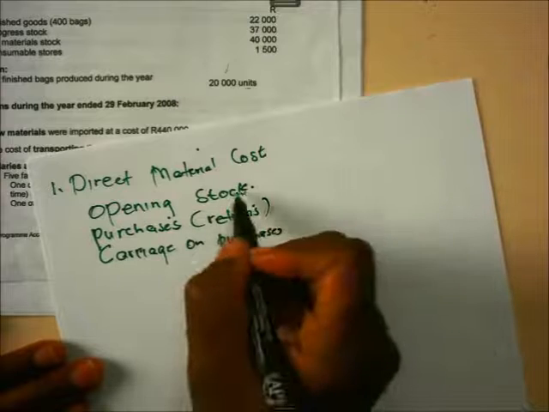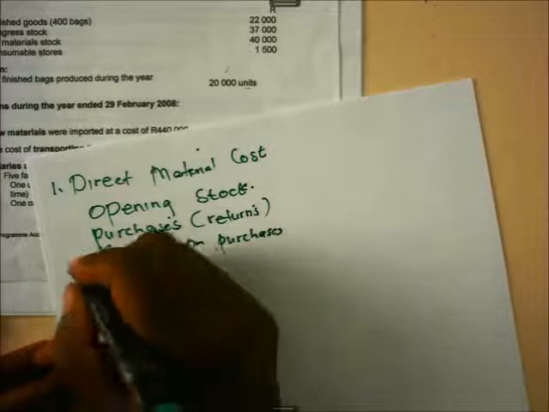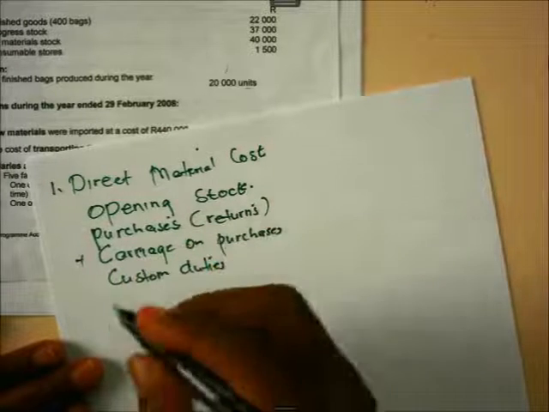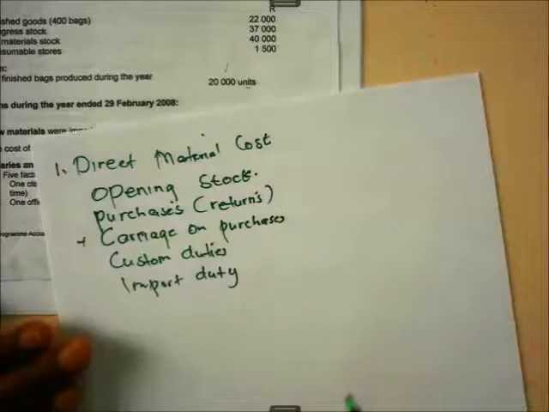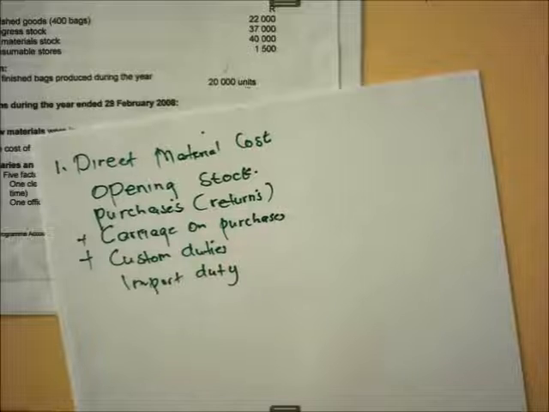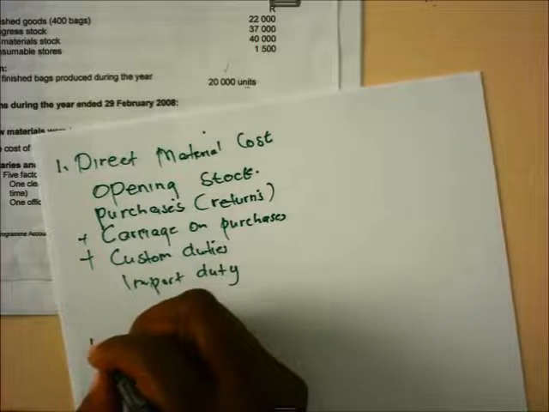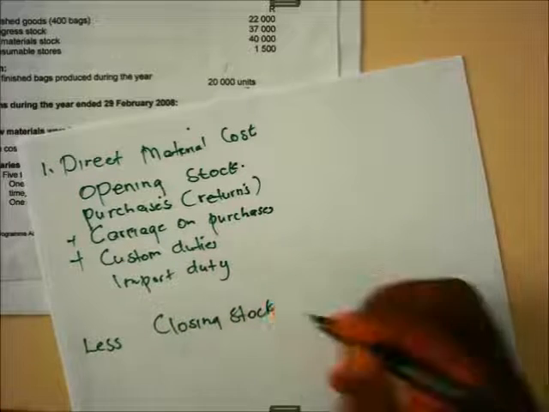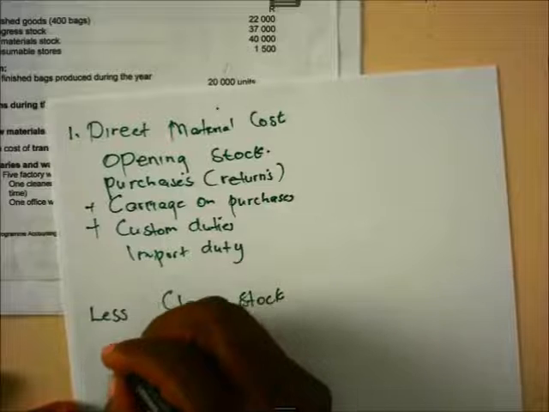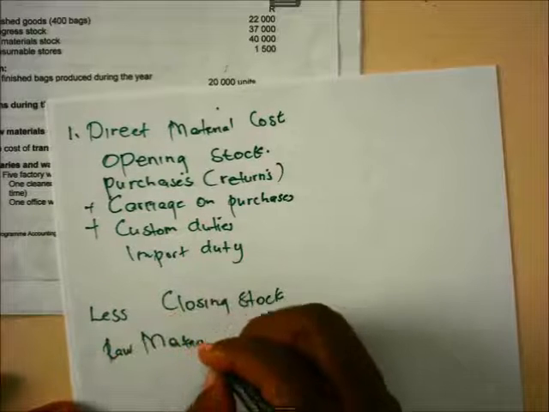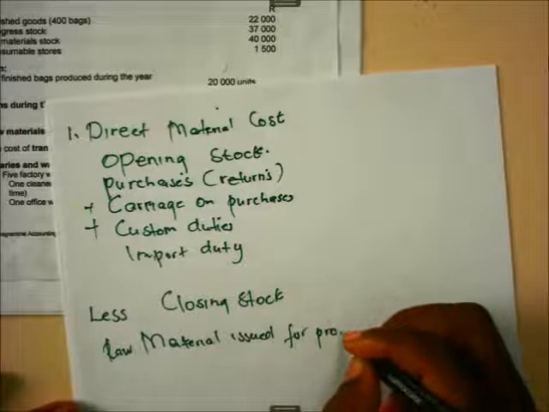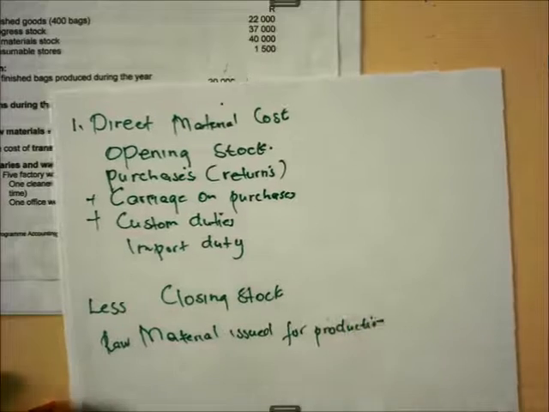We add the opening stock, purchases, carriage on purchases, and other costs such as custom duties and import duty. Then we have the closing stock. We say less closing stock, to get the raw material issued for production. This is how this note looks. Now let's go to our work again.